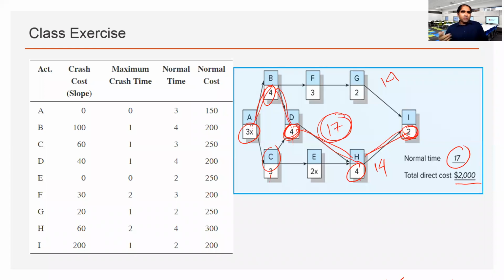The very first step: A cannot be crashed. We don't have a crash limit for A. Now we have options for B, D, H. Which one will be our pick?